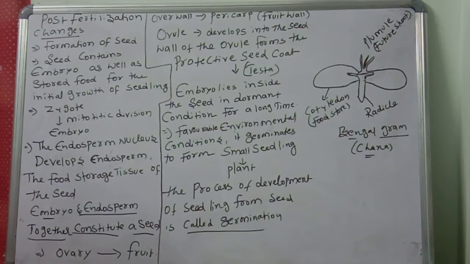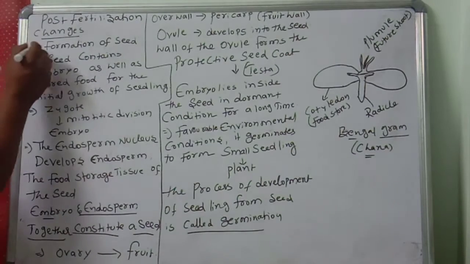Up to that we discussed. Now after fertilization, what takes place in the flowering plants, we will see. Post fertilization changes, in the sense, what kind of changes take place in the flower, we'll see in the embryo sac what will happen.